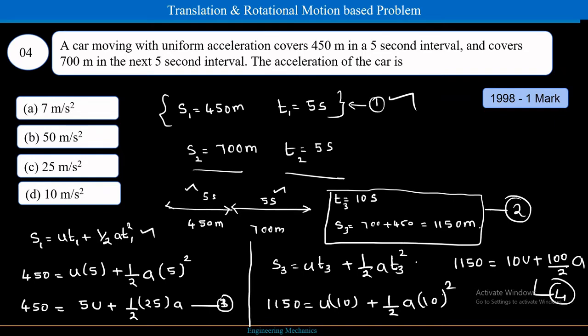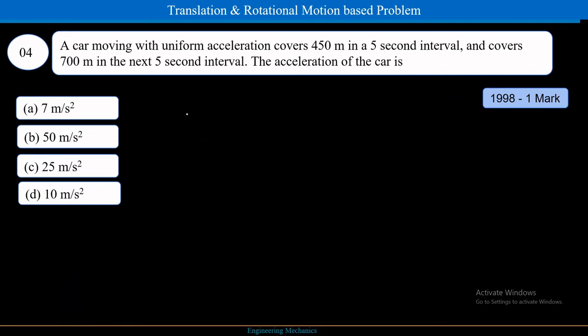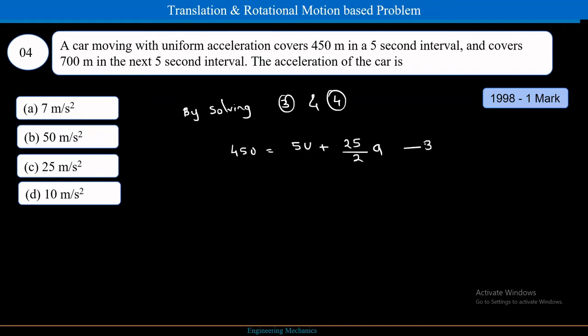By solving 3 and 4, okay, what I will get, third equation is nothing but 450, which is equal to 5u plus 25 by 2 into a. This is my third equation. This is nothing but 1150, which is equal to 10u plus 100 by 2a.